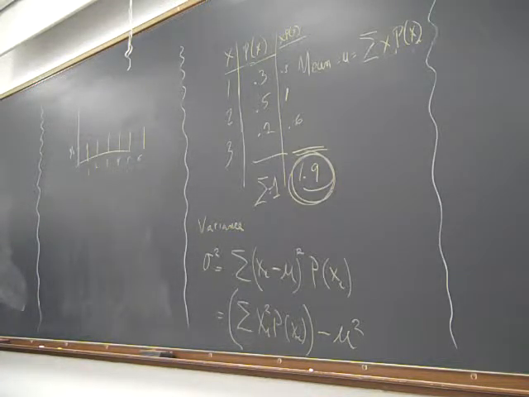Your book then talks about the expected monetary value, and the expected monetary value is nothing but the mean of your distribution.